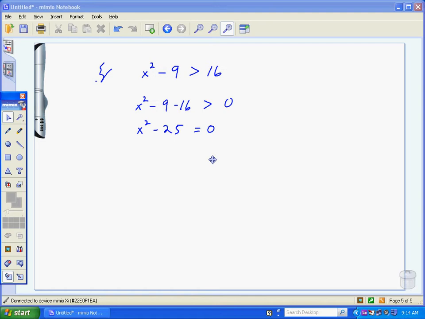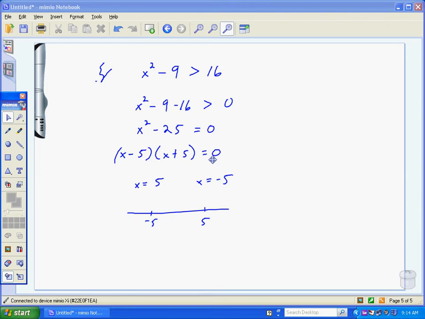Well, difference of squares: it's x minus 5 times x plus 5, equal to 0, so x equals 5 and x equals negative 5. Same stuff. Let's plot them on a number line. Biggest thing here is getting your numbers in the right spot. That's more of a problem in grade 10. In grade 11, we should know where our negatives go.